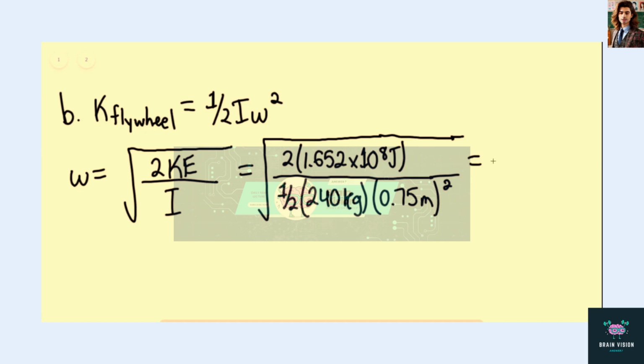And we find that the angular velocity is 2200 radians per second. This would be our answer for part B.